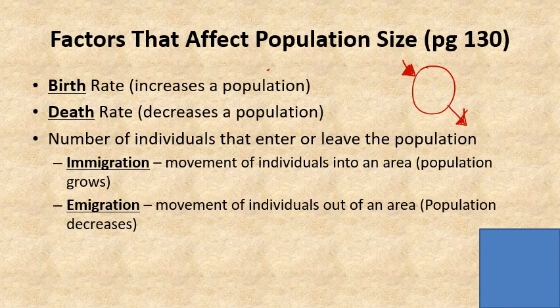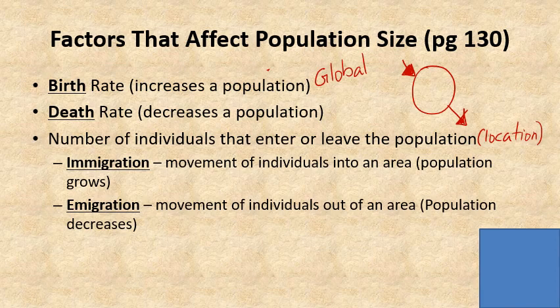The other two, immigration and emigration, come into play when we are looking at a population in a particular location. So there's a boundary. If we're dealing with global, like the global population of humans, there's no one entering and leaving the planet necessarily. The space station individuals are just hovering around it, but they're not leaving and entering.